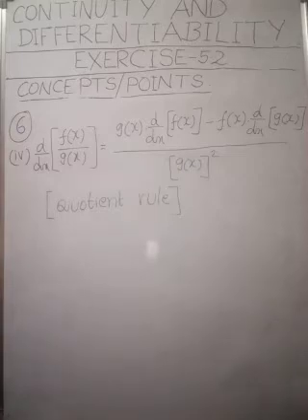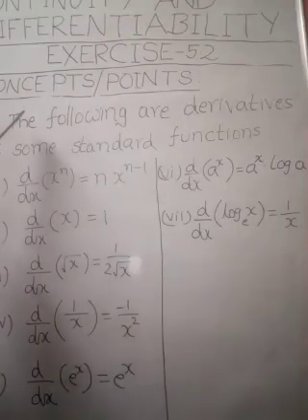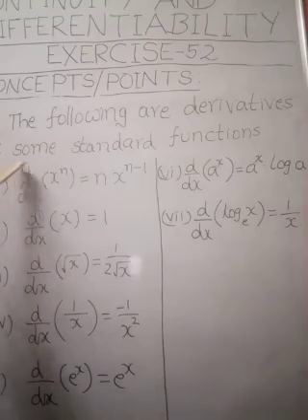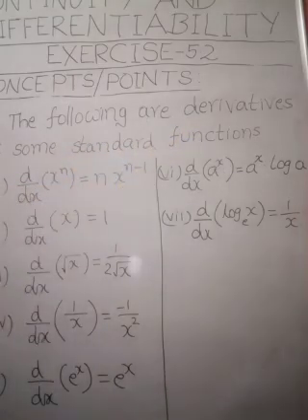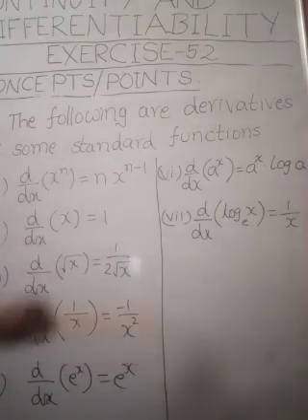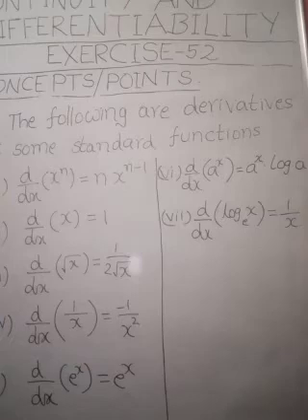Okay, my dear children, right. Now come to the next point. The following are derivatives of some standard functions. You have already learnt these derivative formulas. We use these derivative formulas in this class also. So you should learn these formulas well.